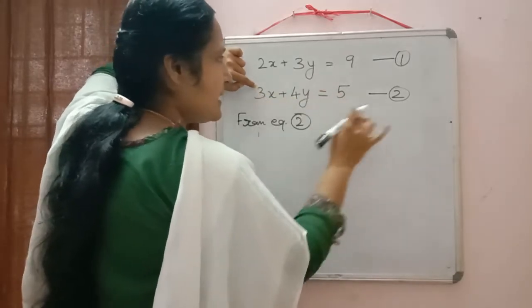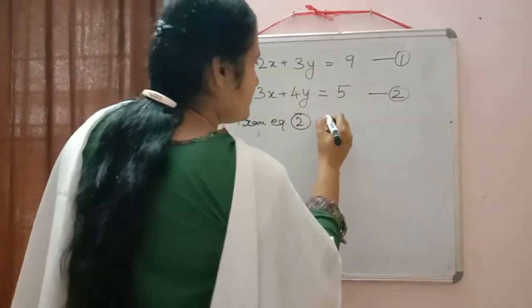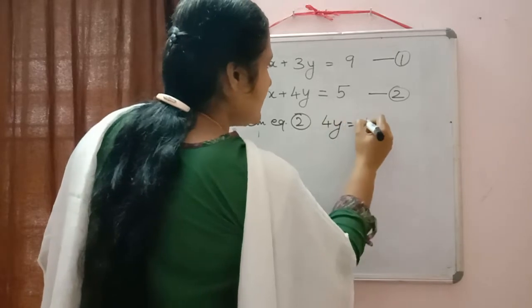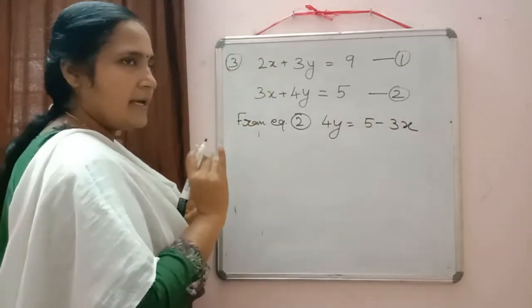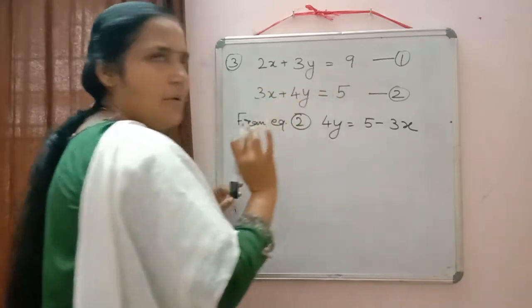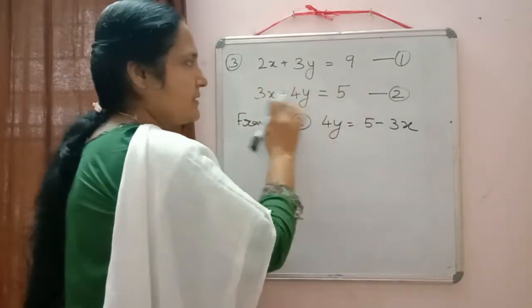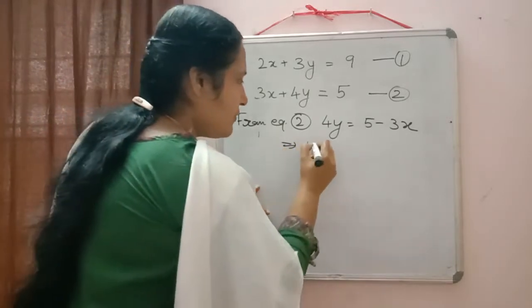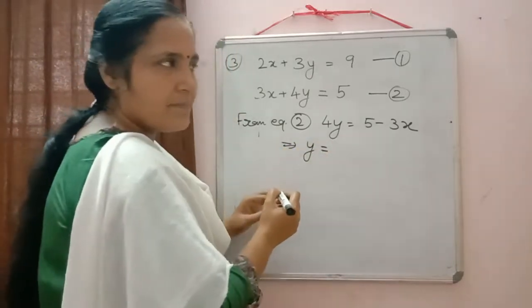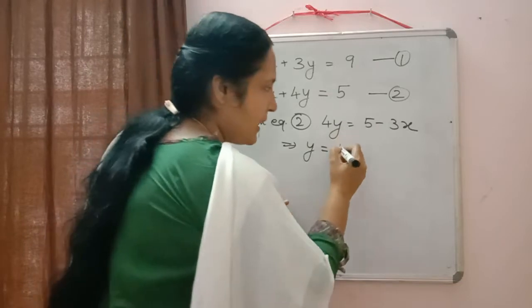So from equation 2, it is written 3x plus 4y is equal to 5. So I am shifting 3x to right hand side. So it will be equal to 4y is equal to 5 minus 3x. Clear? 3x shifted to right hand side. So 4y is equal to 5 minus 3x. Then what we will get? y is equal to, yes, 4 is multiplied by y.